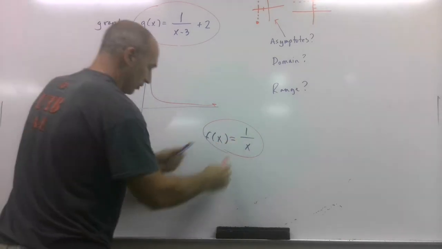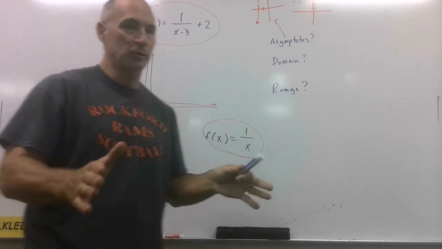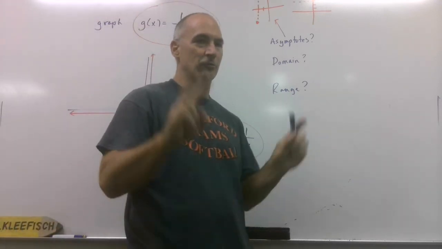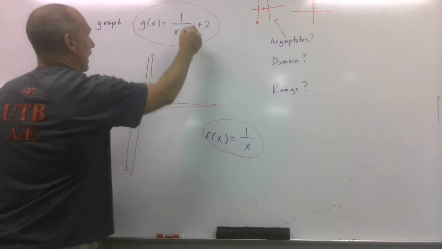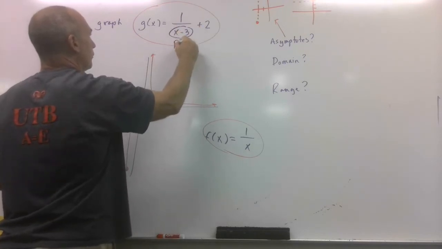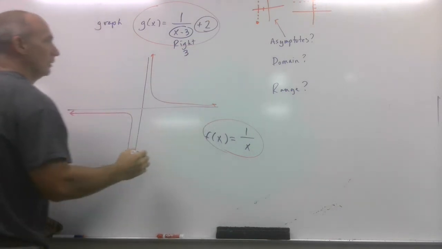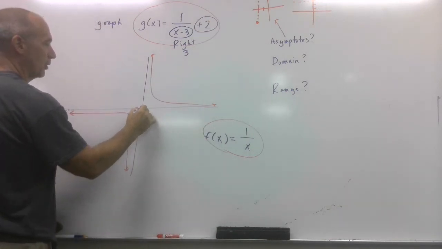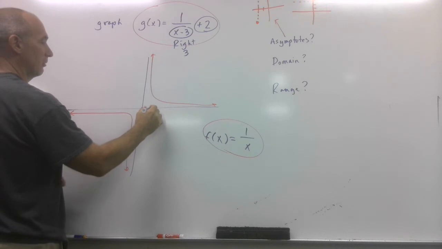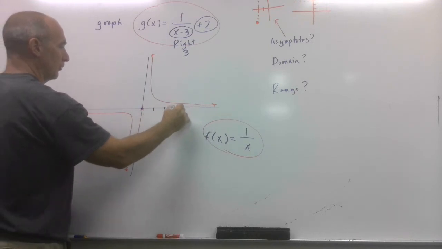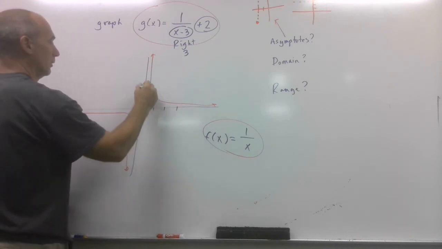That's the parent function. Now remember what I've been saying. Your rules are your rules are your rules for graphing transformations. So x minus 3, that's going to move it right 3. And that's going to move it up 2. So it's like the origin gets moved right 3, 1, 2, 3, up 2, 1, 2.